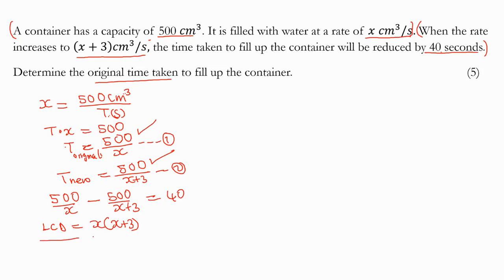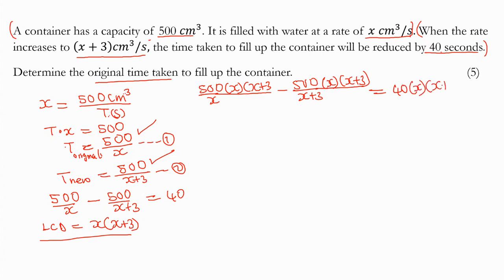So we multiply every term in the equation by x times x plus 3. Let me just show you everything without skipping steps. So it's 500 over x, times x plus 3, minus 500 over x plus 3, times x plus 3, on multiplying everything by the LCD, is equal to 4 times x plus 3.